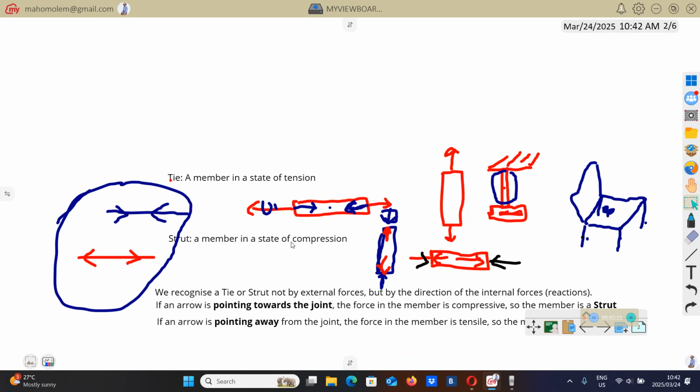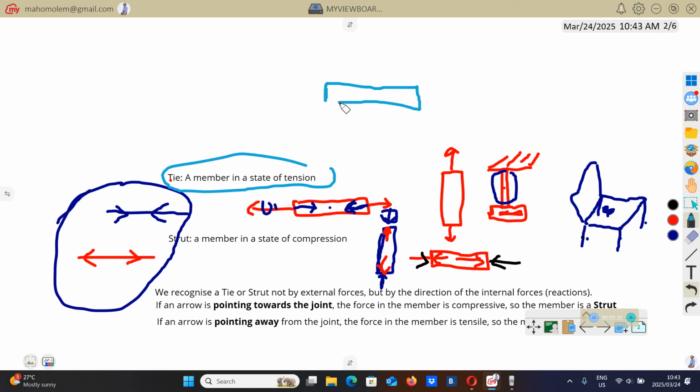Yeah, so this is where I've discussed what is a tie, then what is a strut. A tie is a member in a state of tension. To determine whether the member is a strut or a tie, we use the internal forces.